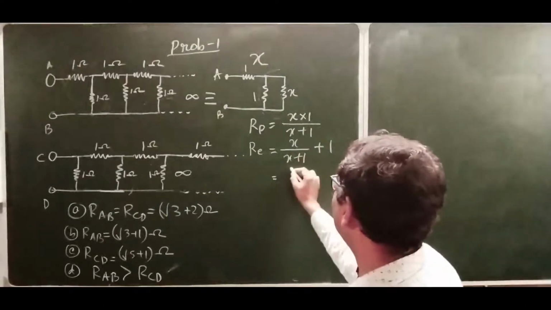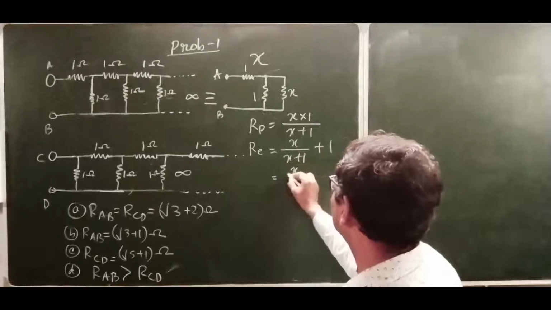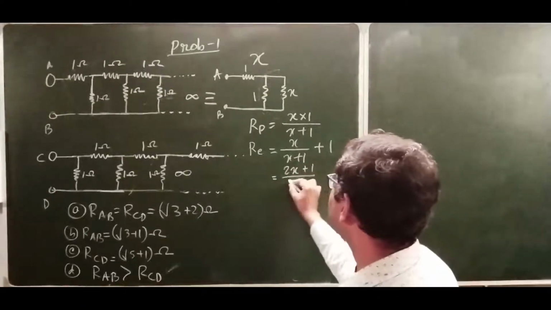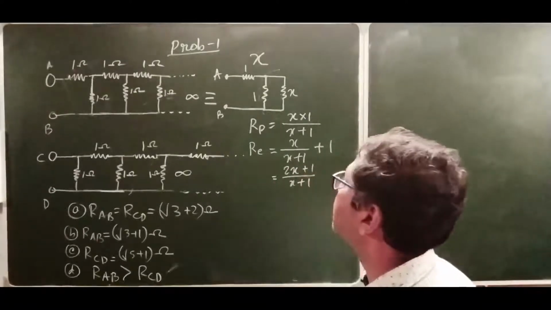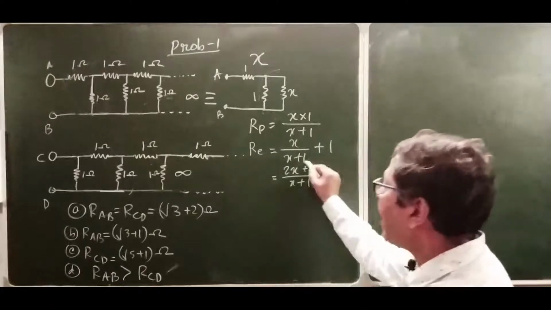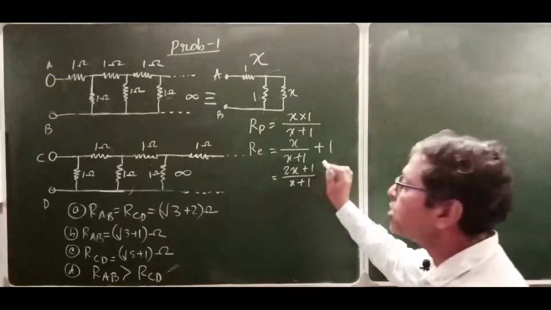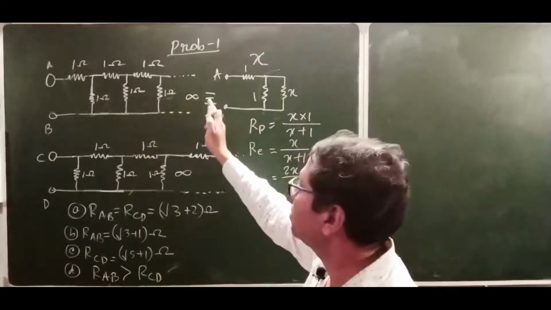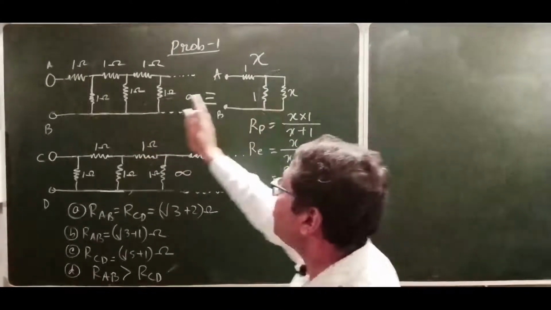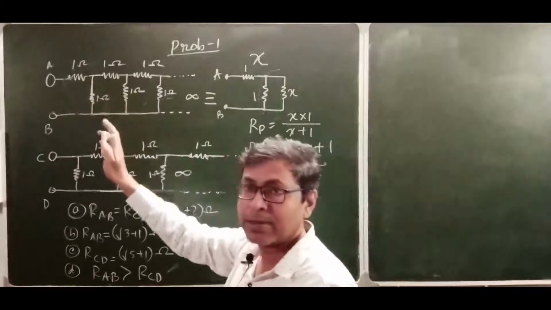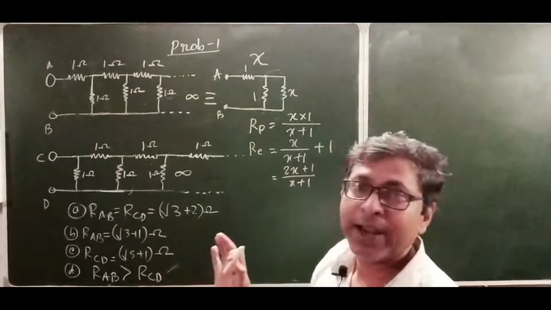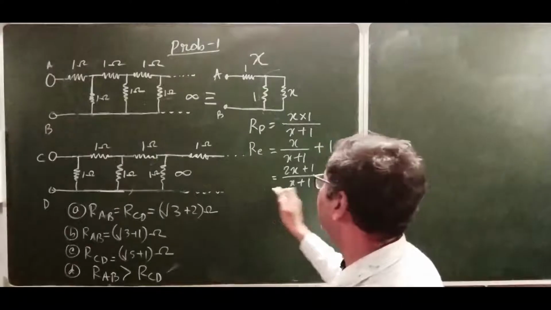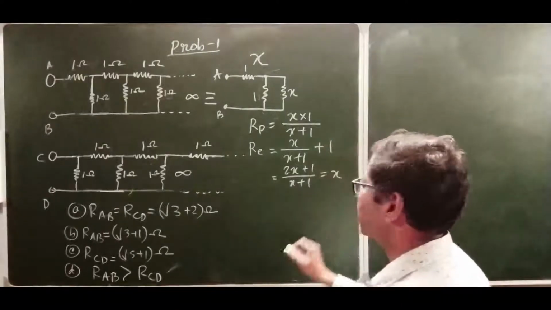So this will be equal to (2x plus 1) by (x plus 1), and this result is equal to the total resistance of the circuit, because if you remove only one section, that will not significantly affect the total resistance. That means this is equal to X.